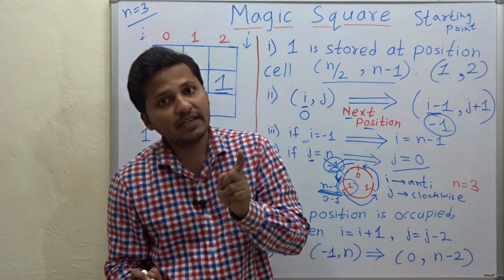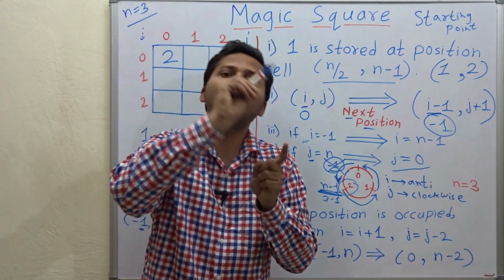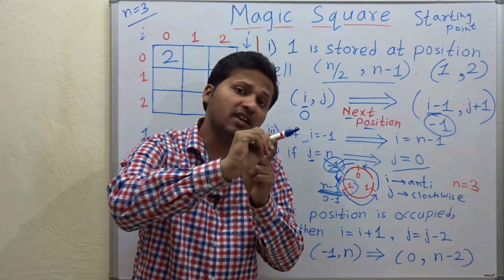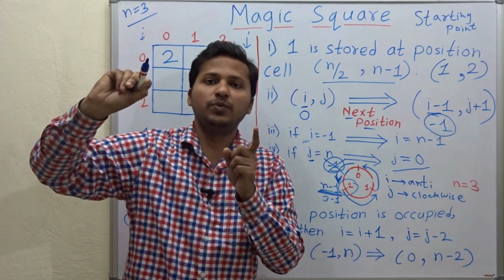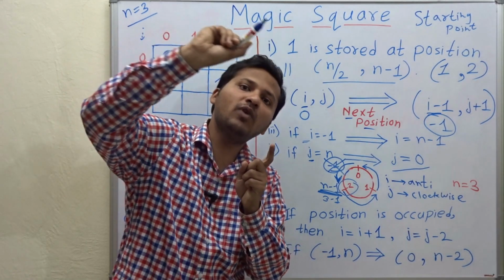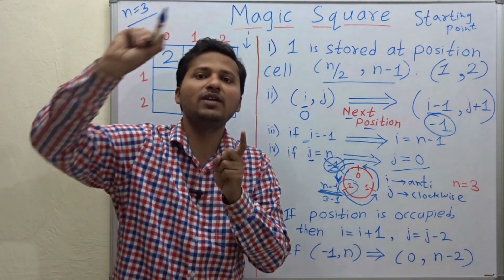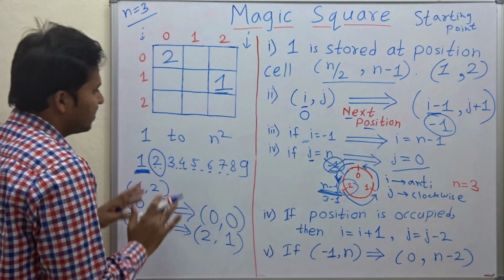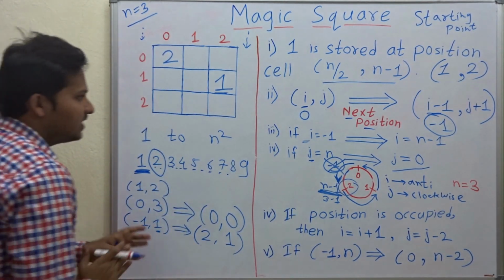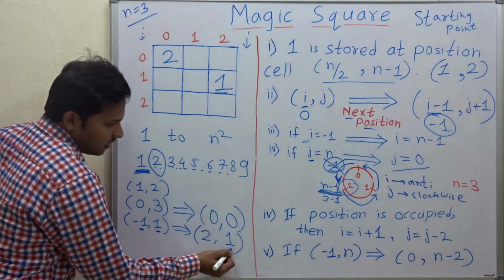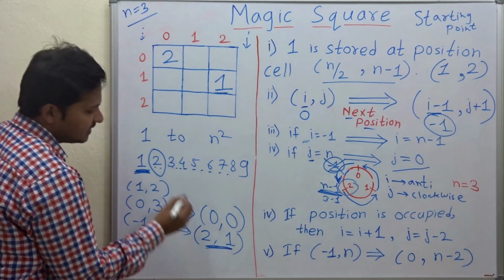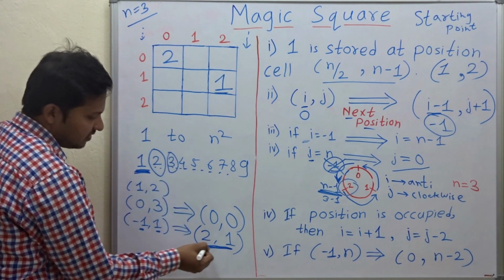And for i: 2, 1, 0, and if it becomes less than 0, then it will again become 2, and then again 2, 1, 0, again 2, 1, 0. Just keep this circle in mind. So let's go ahead now. Let's keep the next element, that is 3, at position 2, 1.